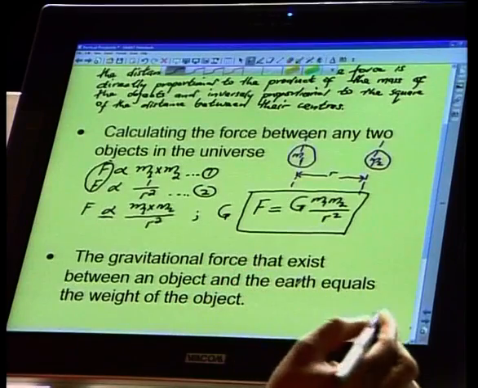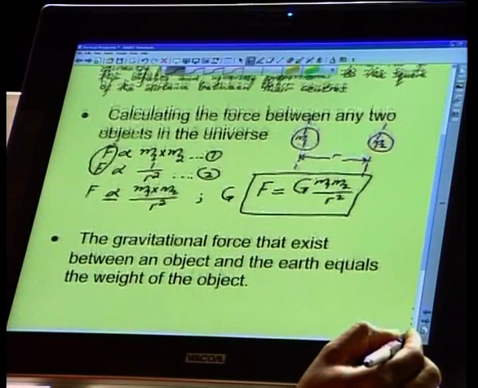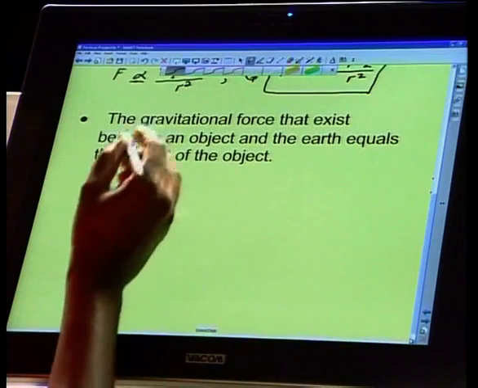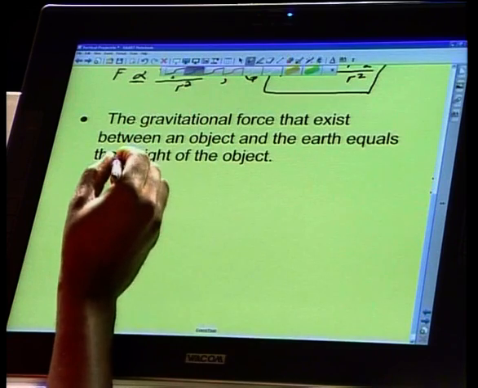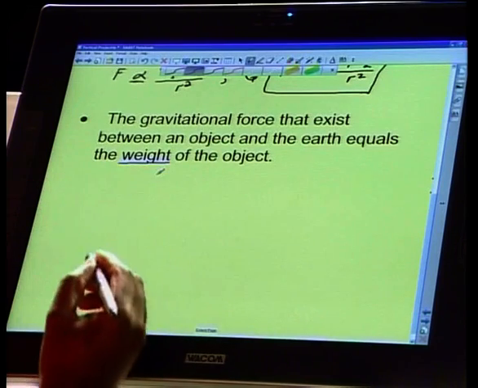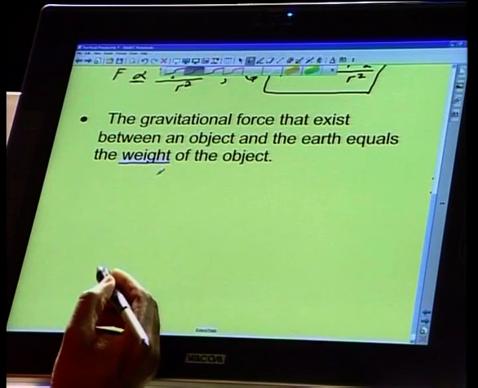Now, the gravitational force that exists between an object and the Earth equals what we call the weight of the object. We are introducing yet another concept in science, the weight of an object.